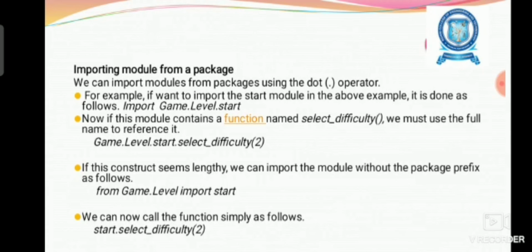Another way of importing the start module is to use the from import statement like this: from game.level import start. By giving this, we can import the start module from game.level. Game is the main package, level is the sub package under which the start module is there.